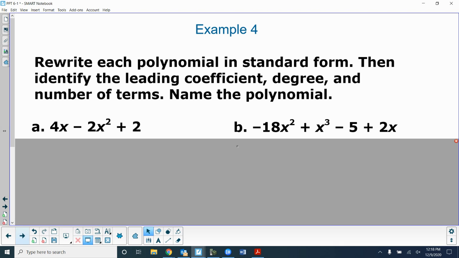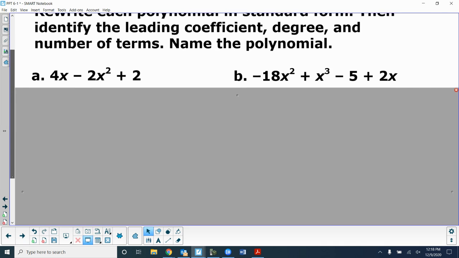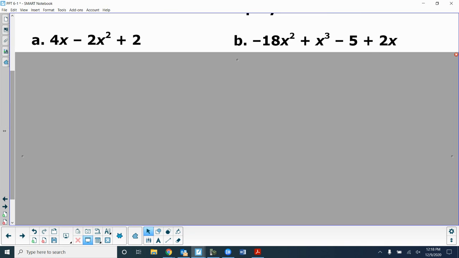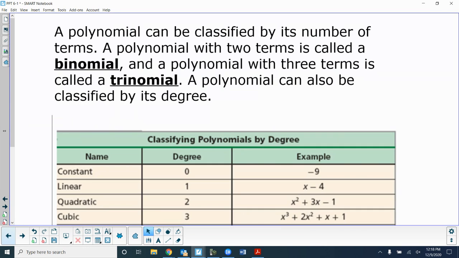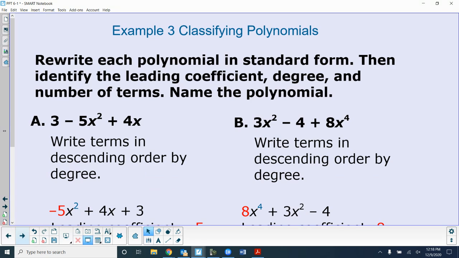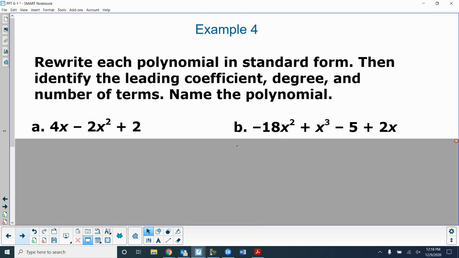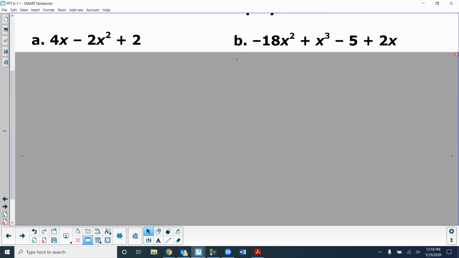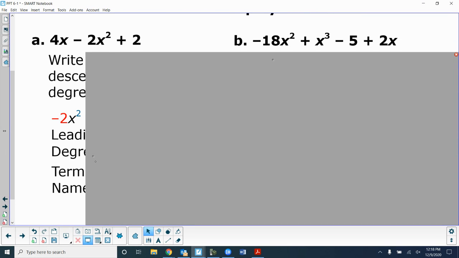Good. Nate, name it. When it's got a degree of 2, what's the name? Yep, quadratic. Degree of 2, quadratic. It had 3 terms, so what's a special name for 3 terms? Good.